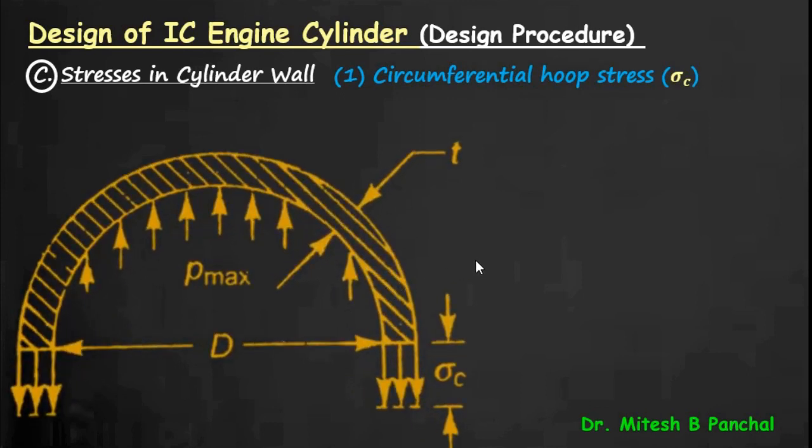Considering this figure, if you consider the unit length, then D into L represents the projected area on which the pressure is acting, meaning the applied force is D into L into P max.